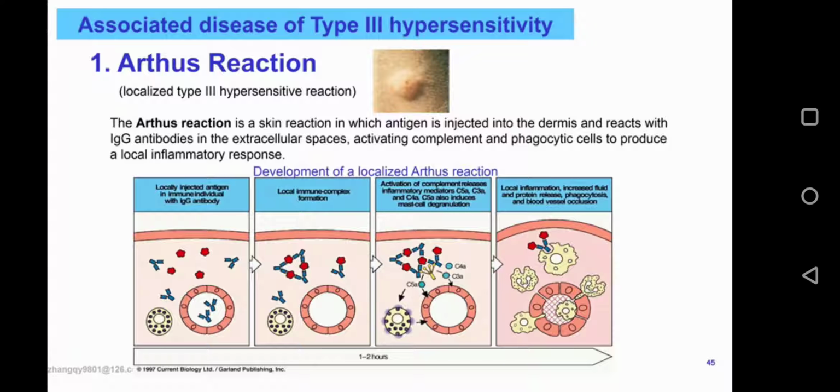Because this is a local inflammatory response, we call it the Arthus reaction. Clinically, patients with type 1 diabetes need to use insulin. As a doctor, if you find a skin reaction in the patient, it may be an Arthus reaction, because the insulin injection may contain some protein that our immune system considers a foreign antigen in the skin.